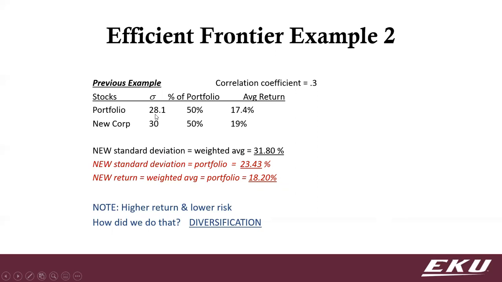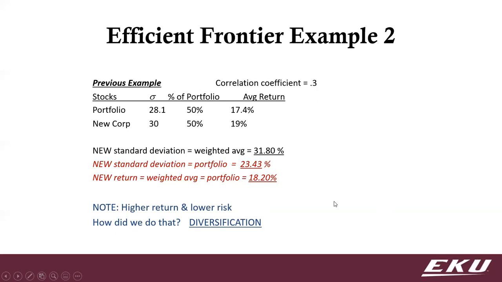It's safer than even the safer investment, right? And then my return is 18.2. That's higher than that investment. It's not quite as high as this one. You may prefer to just go buy this one if you're a really risky investor. But you can save 7 percentage points here in the standard deviation and only give up 0.8 in your return, right? Which is really good.